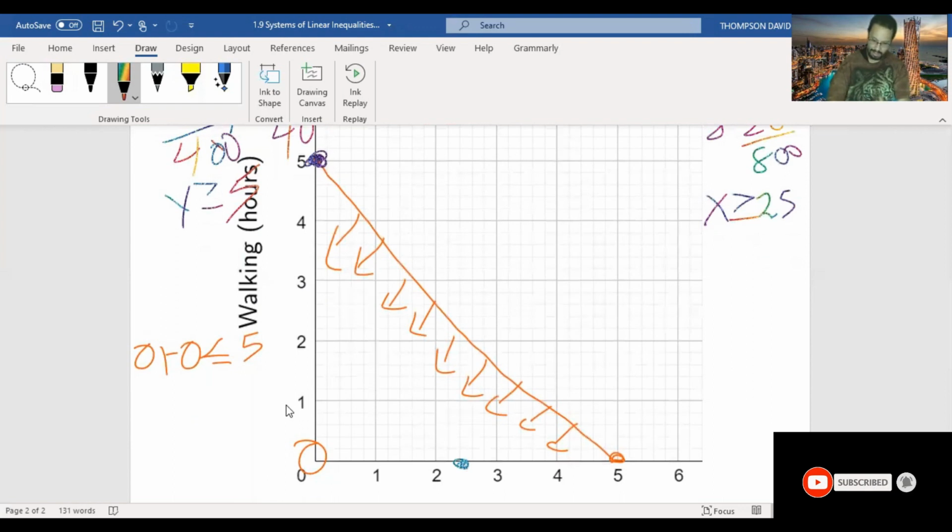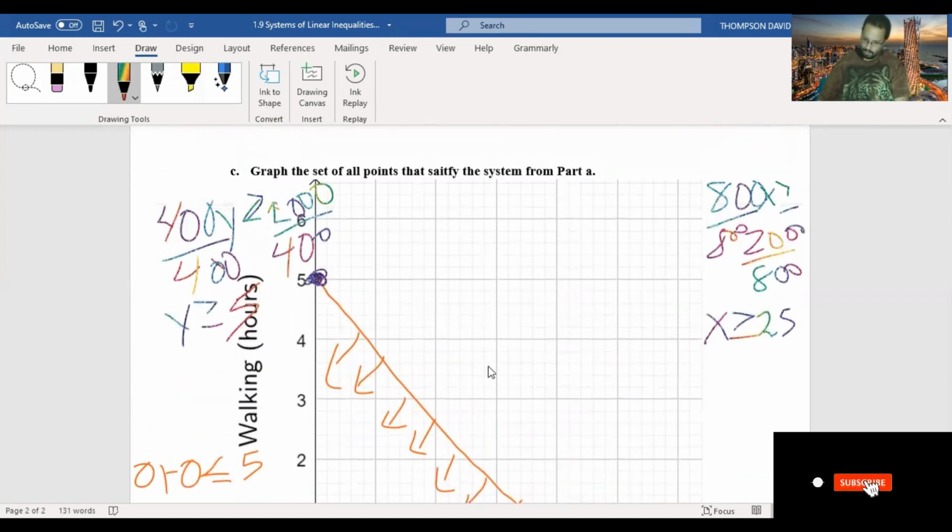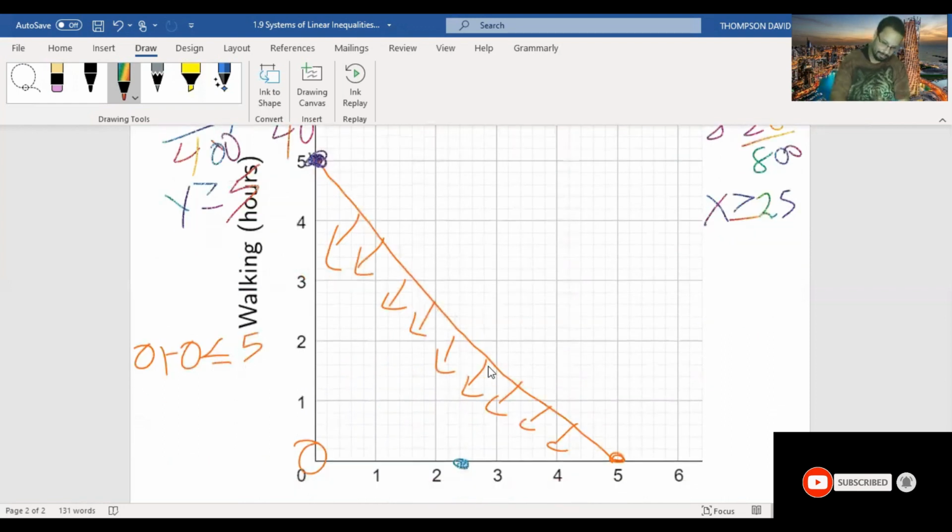For this inequality, let's first connect them.